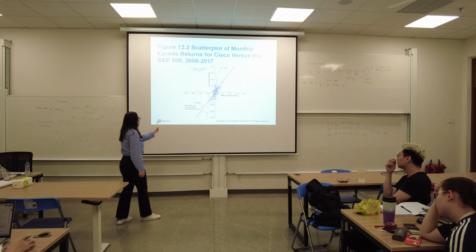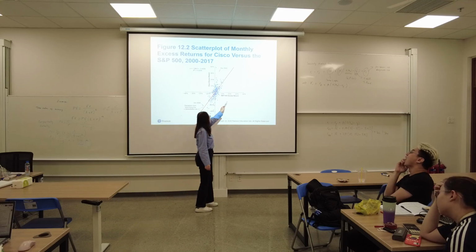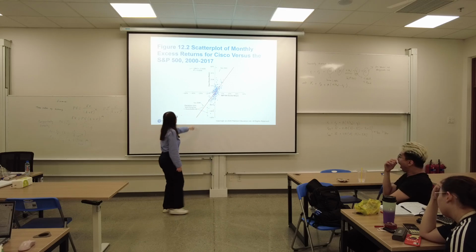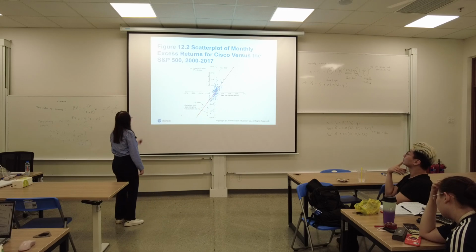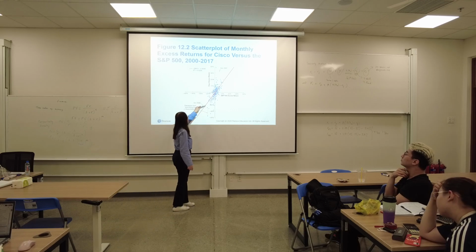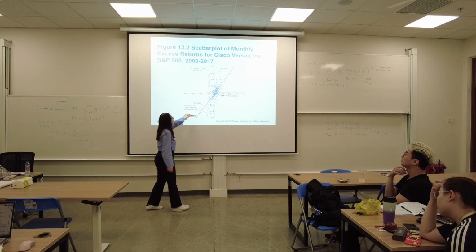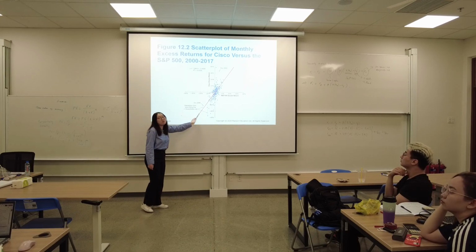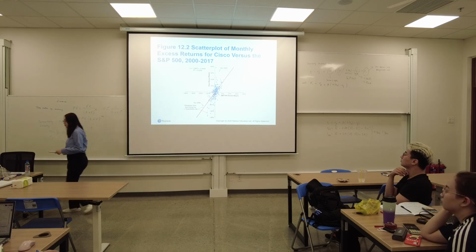This is the S&P 500 excess return, and on this axis you have the Cisco excess return. This is the best fitted line from the regression. The slope of this line is beta.